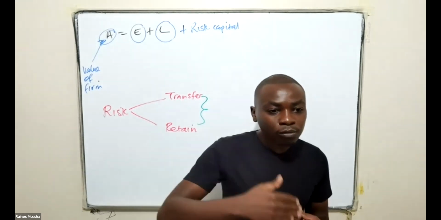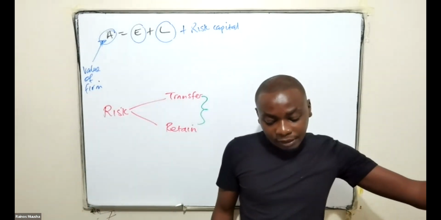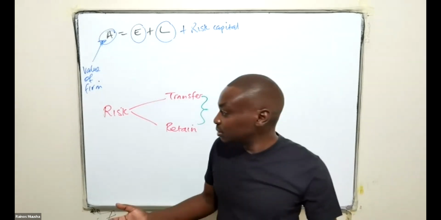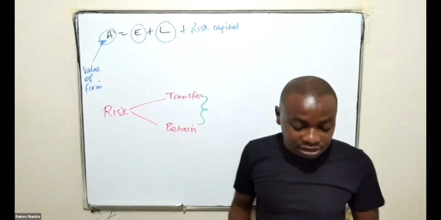Then any amount over and above the 3,000 is the amount that the insurer is going to be covering for you as well. So what does that mean? It means you're having a hybrid between transferring the risk and retaining the risk as well.